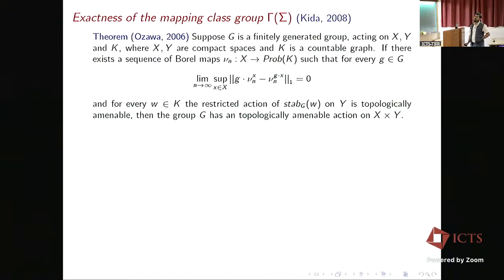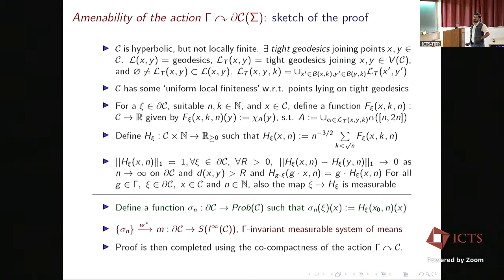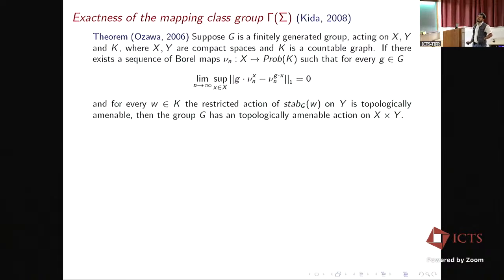Now, how do we get topological amenability? Because this leads us to the Borel amenability, but not topological amenability so far. But using some result of Ozawa, Kida was able to show topological amenability for mapping class groups as well.